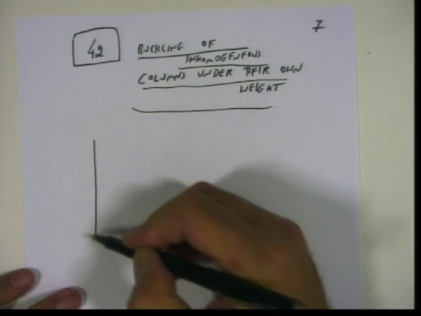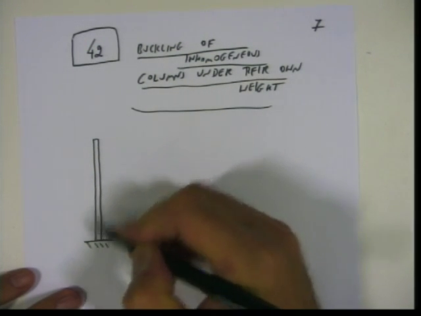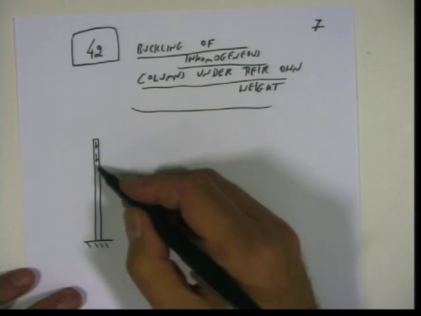So columns naturally can buckle if they are sufficiently long.